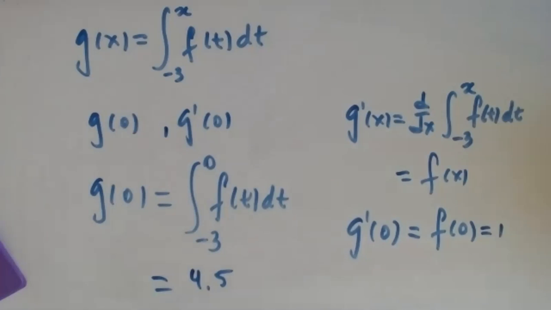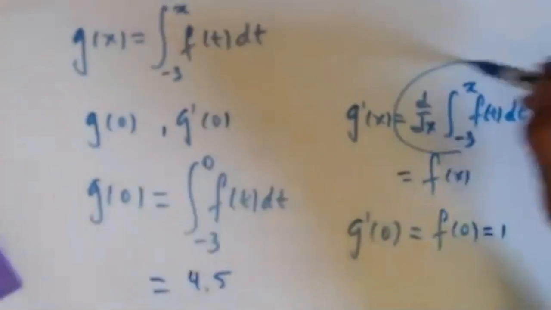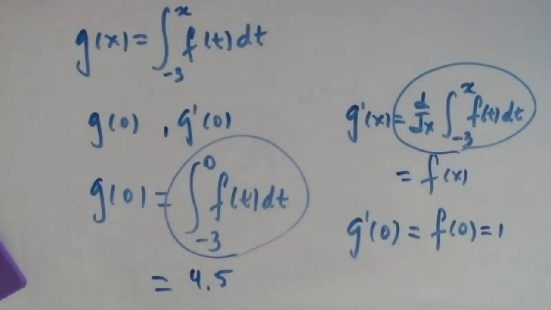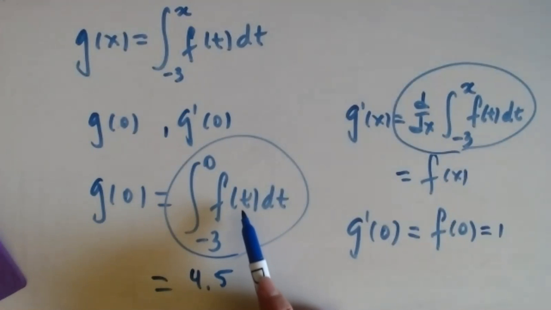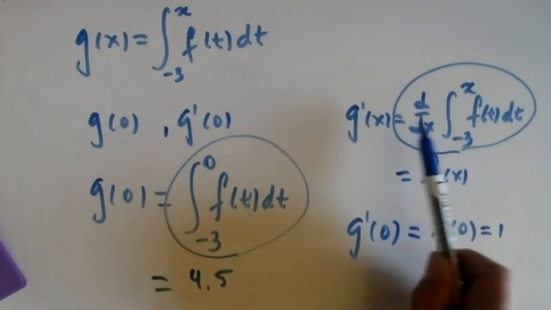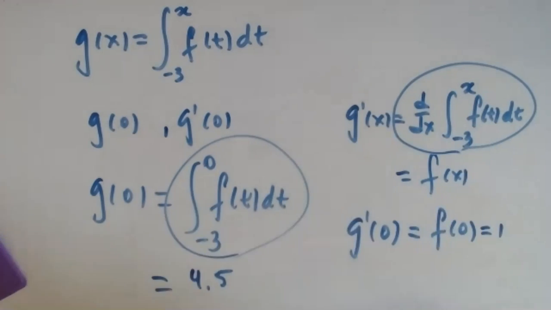So that is what you write on your paper. So what is the fundamental theorem? Right here and right here. Because this is the way to calculate the antiderivative. Well, it is the area under the curve, so you get this number. And the second fundamental theorem is the derivative of the integral. You just cancel these two and put f(x).